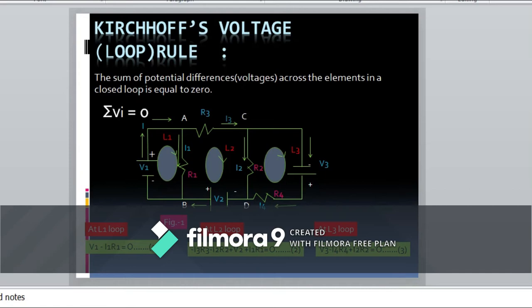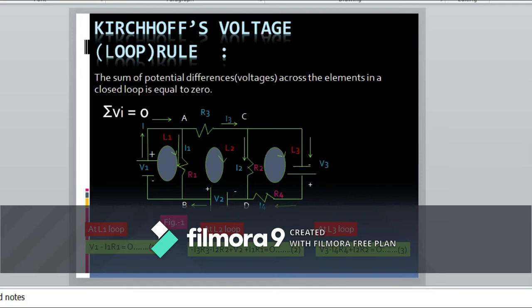Let us see the sign convention for the potential difference across a battery. When current flows from positive terminal to negative terminal, the potential decreases. So, it is regarded as minus V. If current flows from low potential to high potential, that is, from negative terminal to positive terminal, the potential increases.